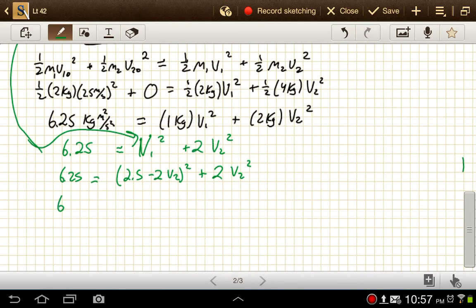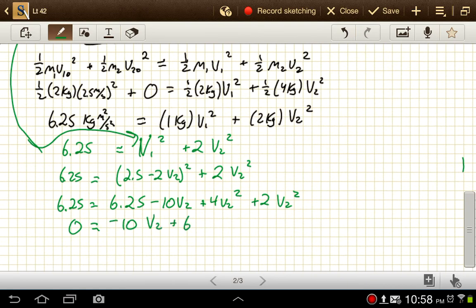So now 6.25 is equal to, let's see, 2.5 squared, so that'd be 6.25. And then do my outsides and insides, so that'd be a negative 10 v2. And then my last times the last, so that'll be 4 v2 squared plus 2 v2 squared. So now this one subtracts 6.25 from both sides, so 0 is equal to negative 10 v2 plus 6 v2 squared.